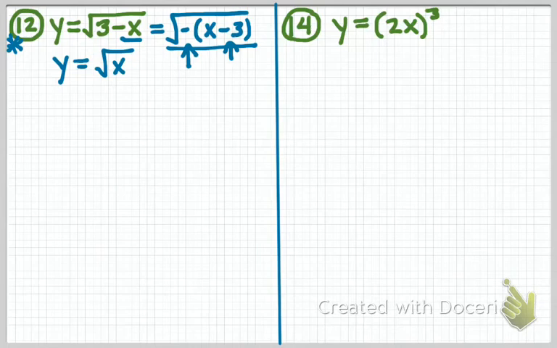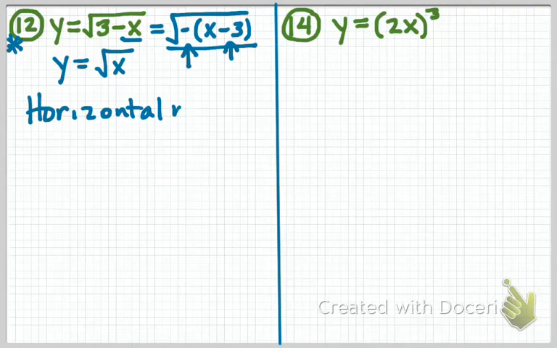So our graph, remember a negative coefficient on the inside is a horizontal reflection. We'll start with the proper terminology this time. So we have a horizontal reflection across the y-axis.